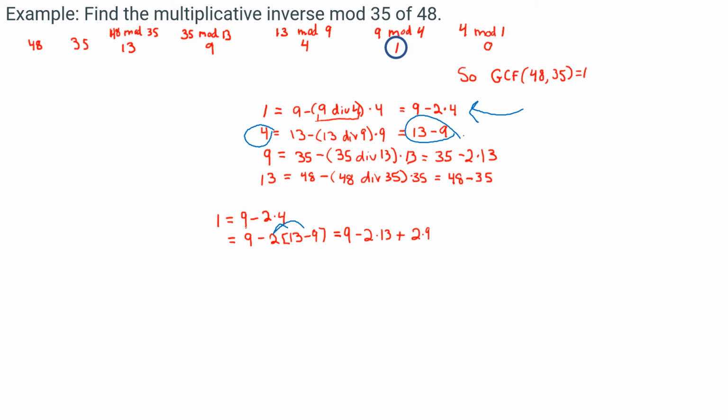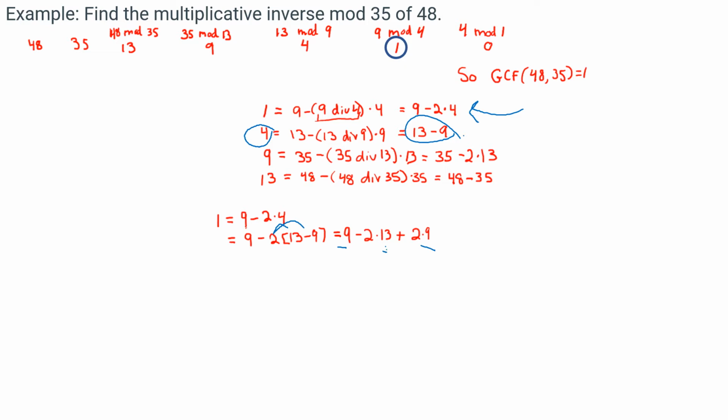And so we could write that as 9 minus 2 times 13 plus, because negative 2 times a negative 1 is a positive 2, I have a positive 2 times 9. So the key is I wanted 9s and 13s in there, and then whatever has to come in front of those is fine.